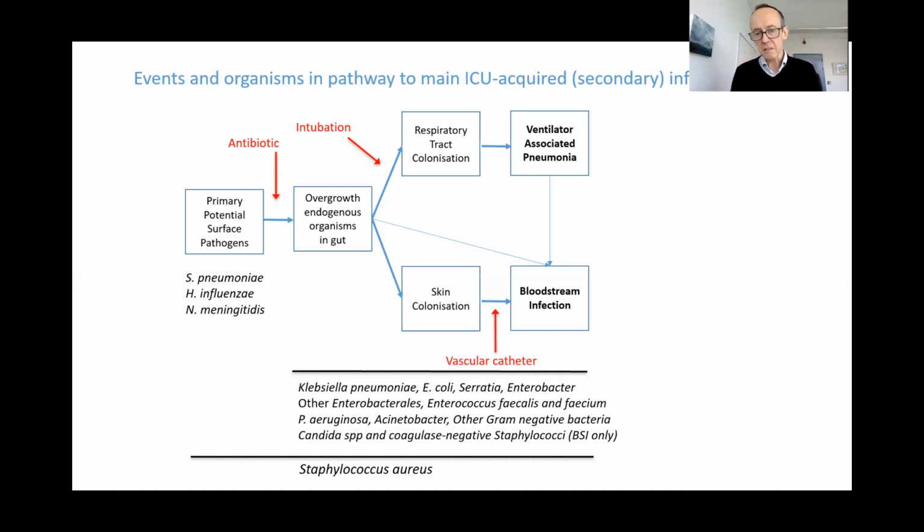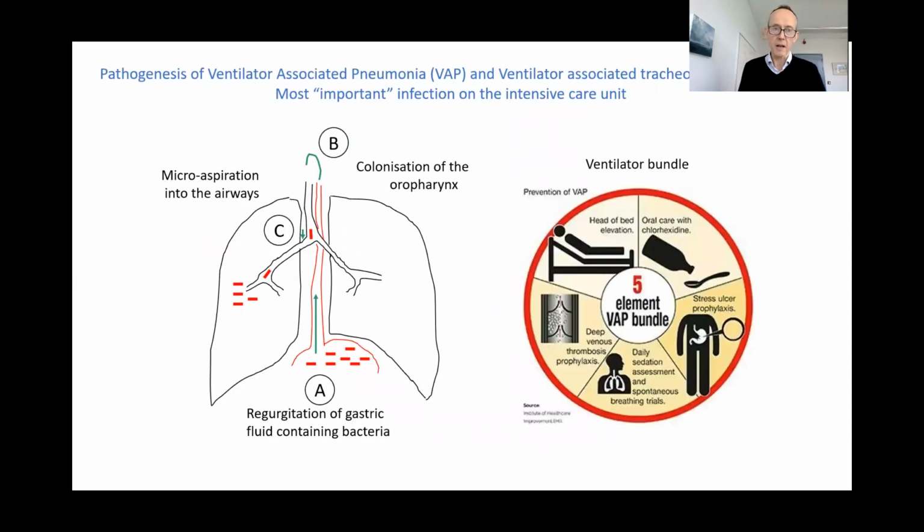What's interesting is, for ICU-acquired infections, essentially it's the same spectrum of organisms the world over. People might have more of one than another, but it's usually the same list. The other thing that's interesting is that Staph aureus is probably the only one that's a common community pathogen, as well as being a common ICU-acquired pathogen.